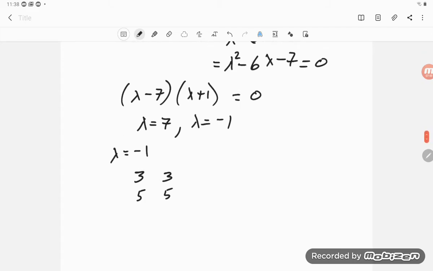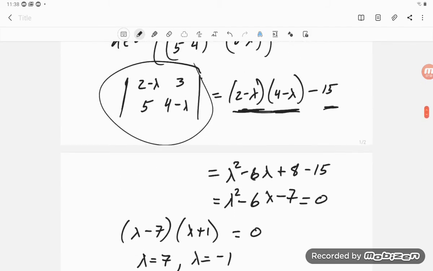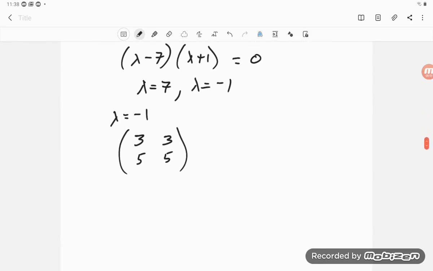If you don't get a matrix that's singular, you did something wrong, because remember, that's the whole point. We did this so the determinant would be 0. So I have that matrix. If I go ahead and do a reduced row echelon form of that, it's pretty obvious, I hope, that I get 1, 1, 0, 0.